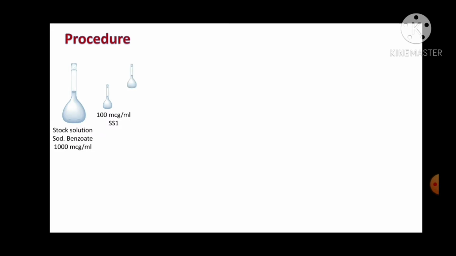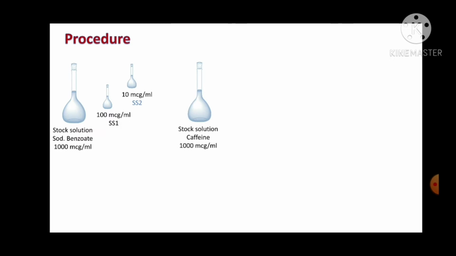Then from this SS1, we again pipette out 1 ml, transfer to a 10 ml volumetric flask and repeat the same dilution with distilled water. So we are doing a 10 times dilution again, and it will be 10 microgram per ml. We can label it as SS2. The same procedure we follow for the stock solution of caffeine.